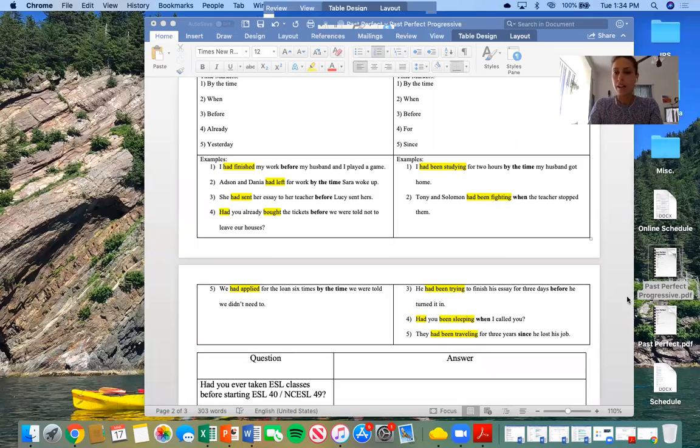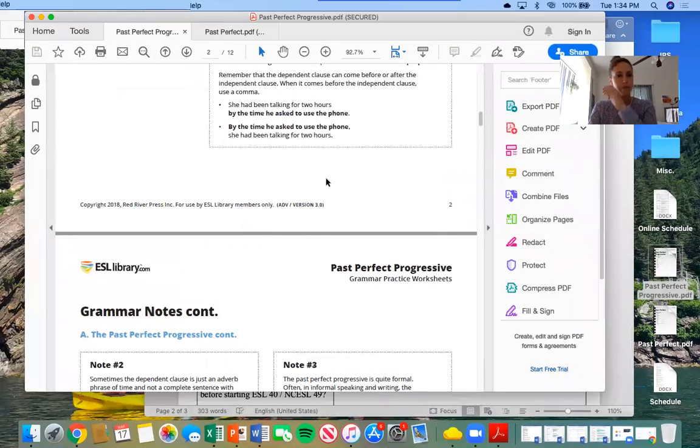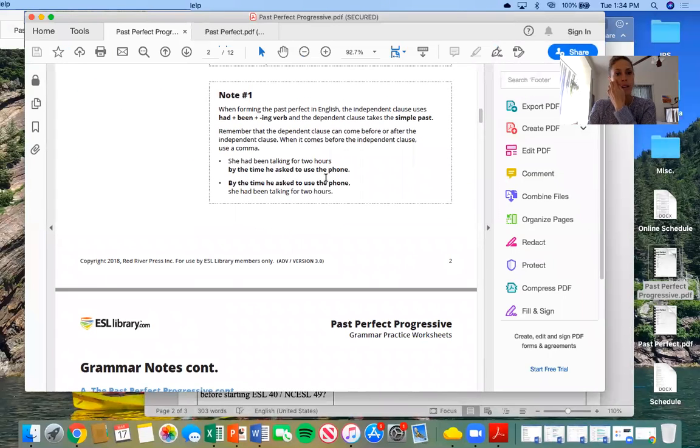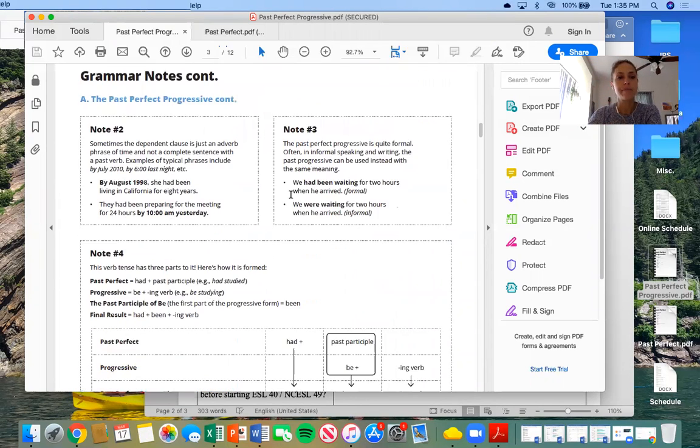Okay, so let's finish up with the past perfect progressive. Now we have a few notes here. So let's go to note 1. Again, we're talking about using the simple past in our dependent clause. So she had been talking for 2 hours by the time he asked to use the phone. Asked, simple past. By the time he asked to use the phone, she had been talking for 2 hours. This is the same exact note from the past perfect.